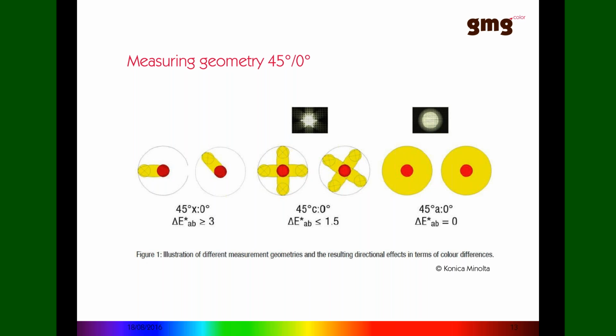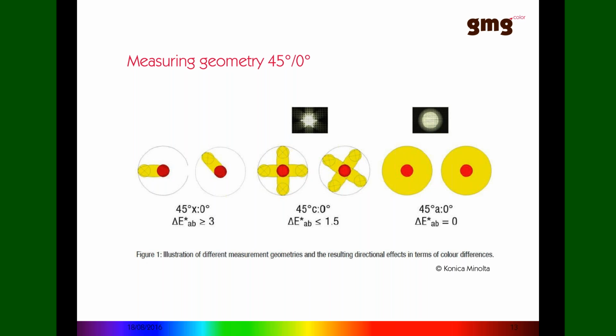In the middle, we see a 45-degree C, 0-degree, that means circumferential. This geometry uses a circular ring optic. So you have light coming from multiple sides, not just from one side.